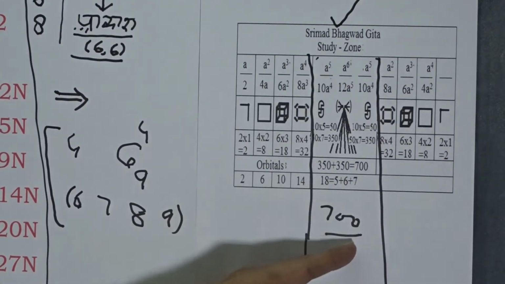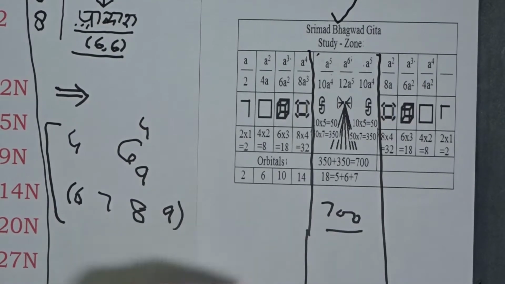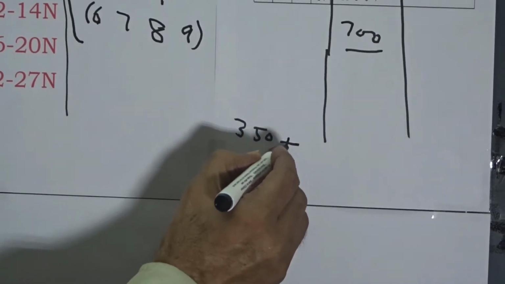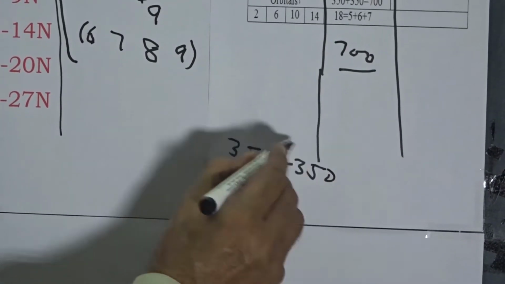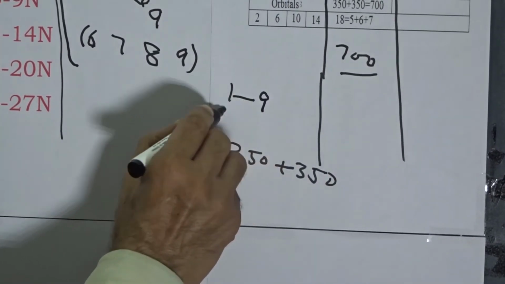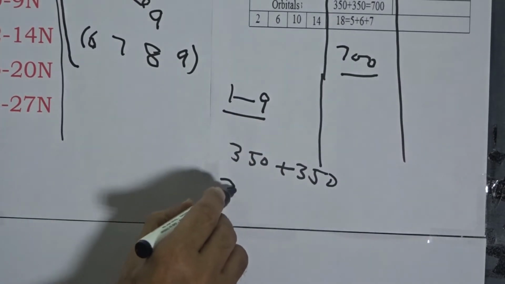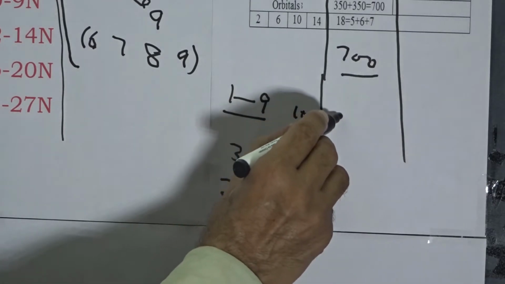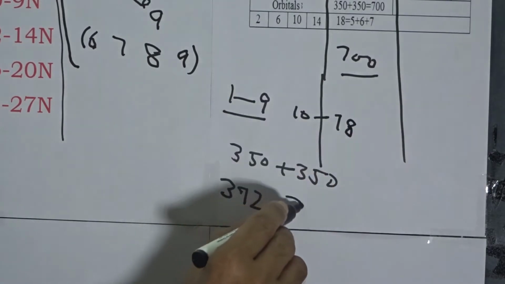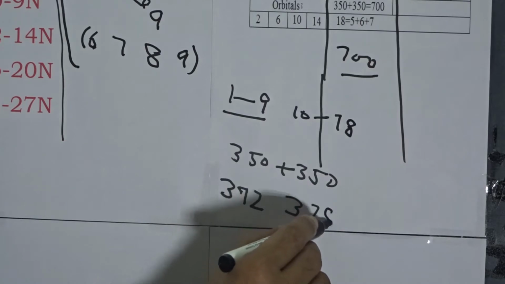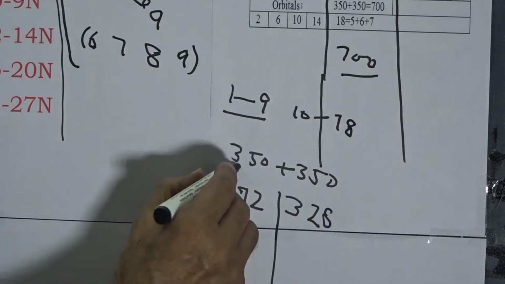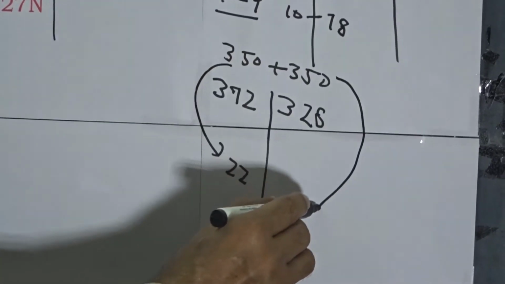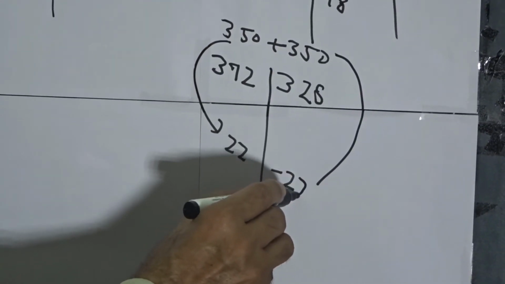It will be 350 plus 350, but chapters 1 to 9 of Srimad Bhagavad Gita have 372 shlokas, while chapters 10 to 18 have 328. See, here is the addition of value 22, while here is the subtraction of value minus 22.